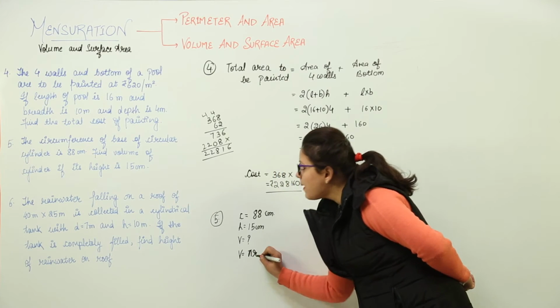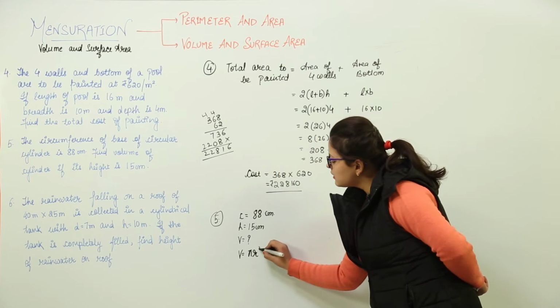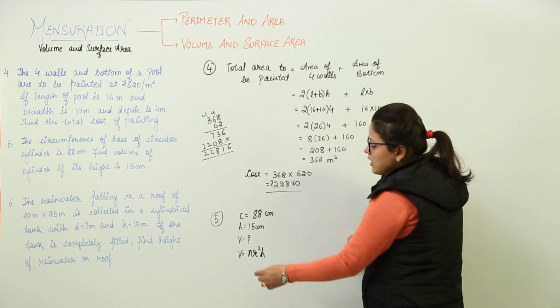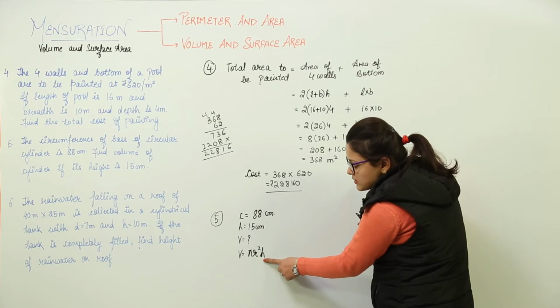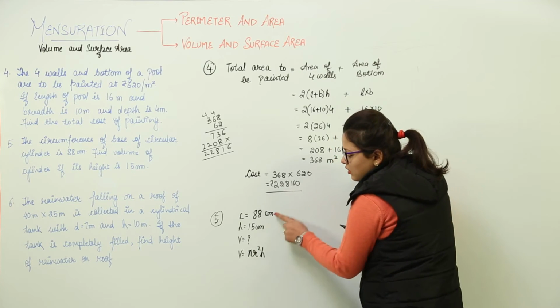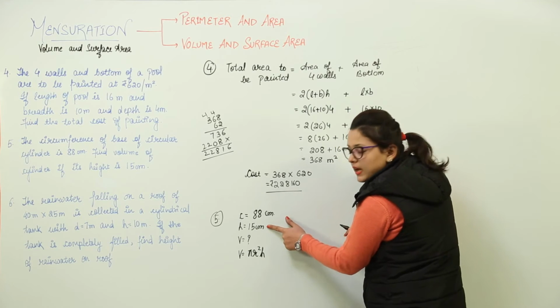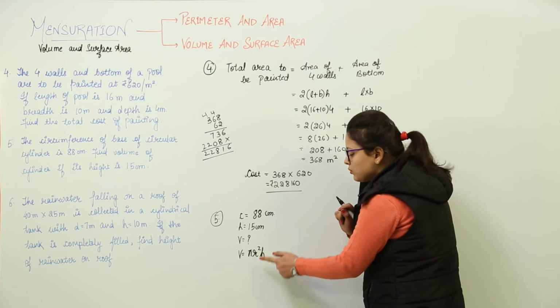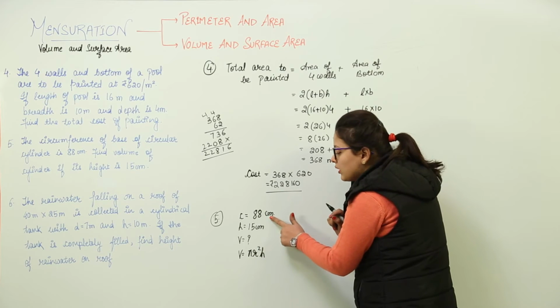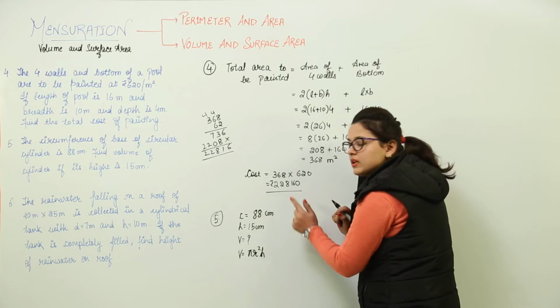It is equal to pi r square h. Am I right? Yes. Now we know that for finding this value, we need to have the height as well as the radius. Over here we can see that we have the height with us, right? But we do not have the radius with us. Now what should we do? We will use the given quantity and we will derive the radius out of this.